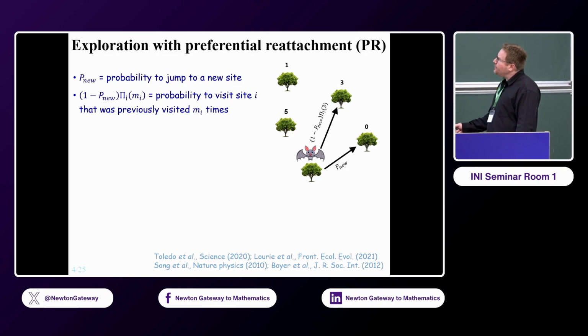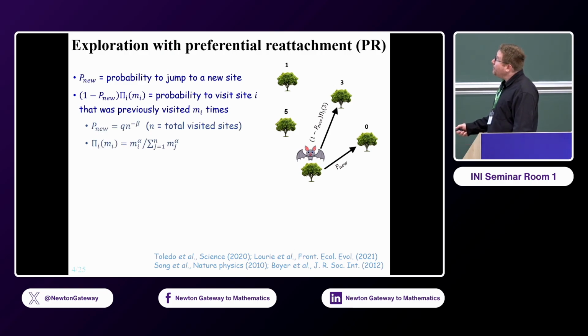The model consists of basically two ingredients. With probability p_ν, the animal jumps to a new site, so it explores a new tree in this case. And with probability 1 minus p_ν, the bat returns to an already visited tree.